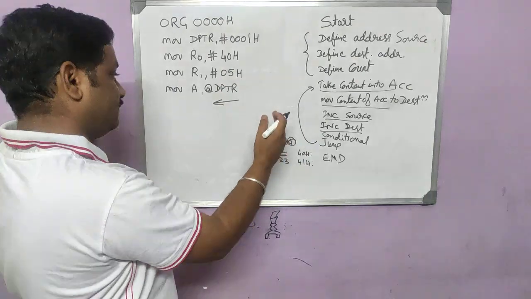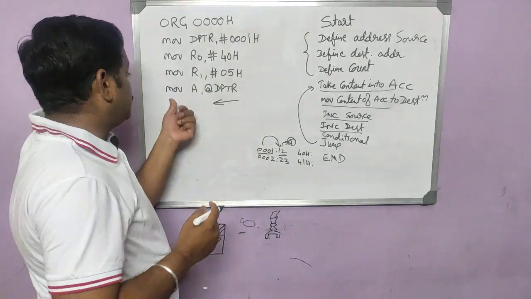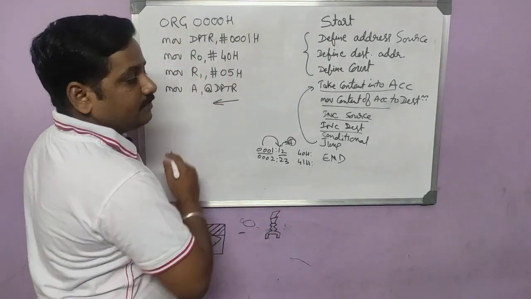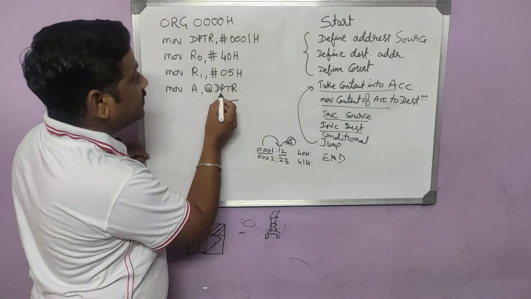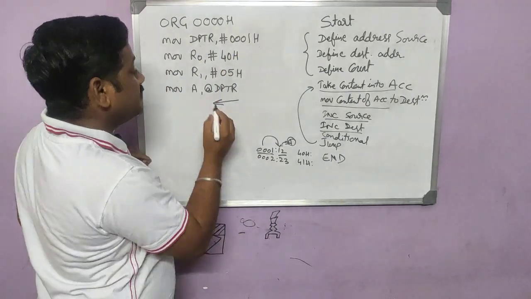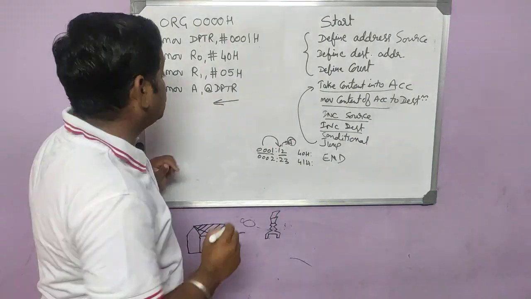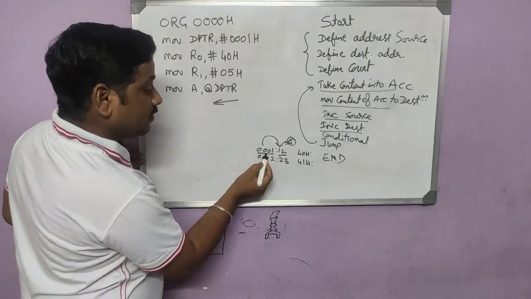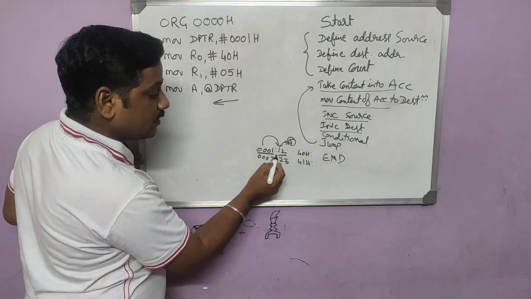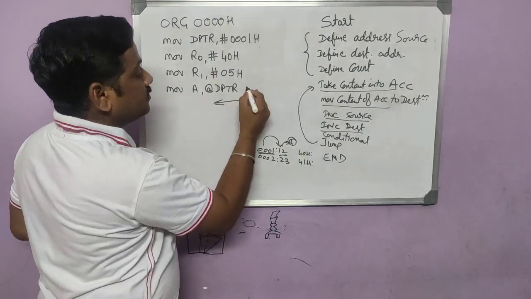Whatever I have on the right will be shifted to A because we used the instruction MOV. DPTR is assigned with 0001, this address. This symbol is called 'at the rate'. If I use @DPTR, it means whatever data I have at 0001 will be taken into A.